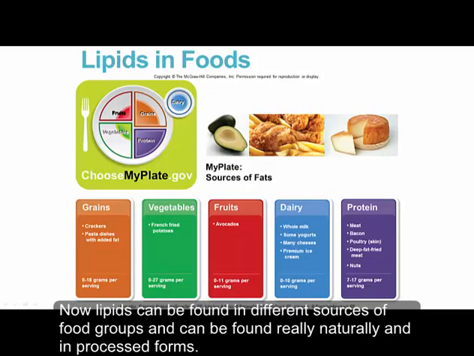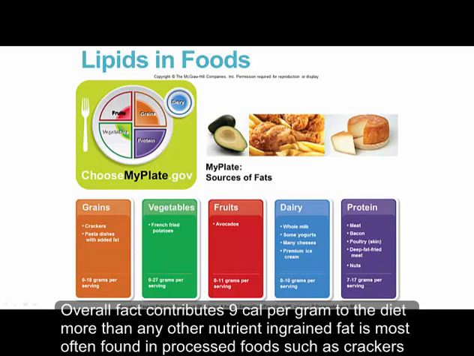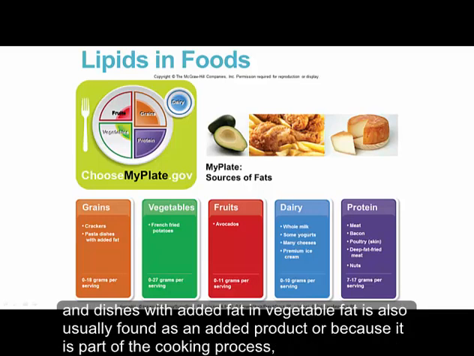Now, lipids can be found in different food groups, both naturally and in processed forms. Overall, fat contributes 9 calories per gram to the diet, more than any other nutrient. In grains, fat is most often found in processed foods such as crackers and dishes with added fats.